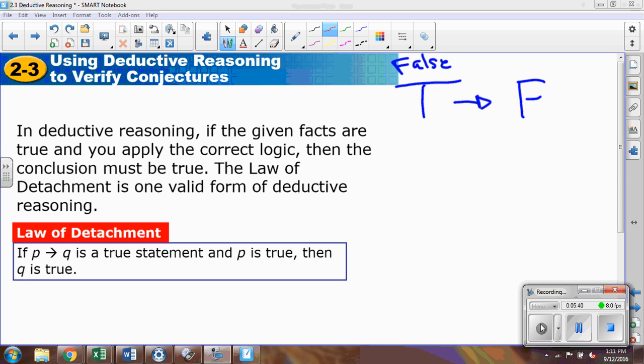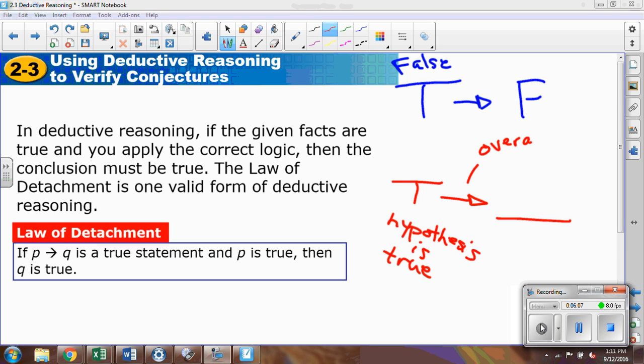All right, so how are we going to take advantage of the structure? Let's say that we know the statement is currently of the form true implies blank. So we already know that the beginning, the hypothesis, is true, and we already know that the conditional is overall true.